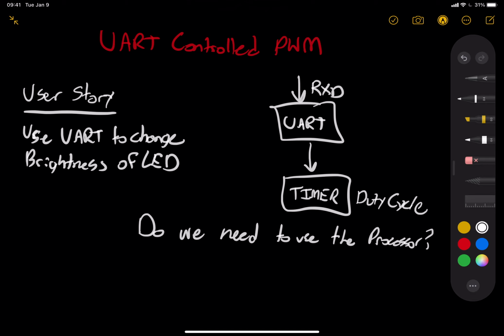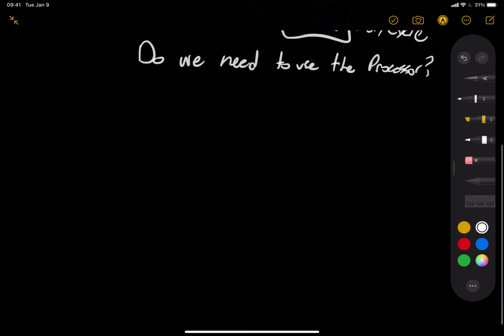So if I take a look at this real quick, let's talk about the interrupts for a second. Each one of these things has a different interrupt routine. For example, we have the UART interrupt routine, and we have the timer interrupt routine. And in fact, we may not even need both of these.